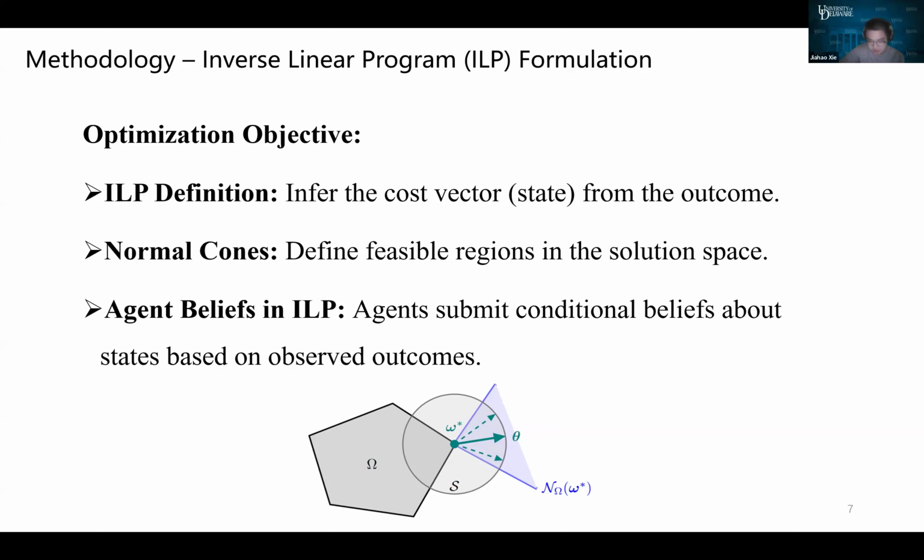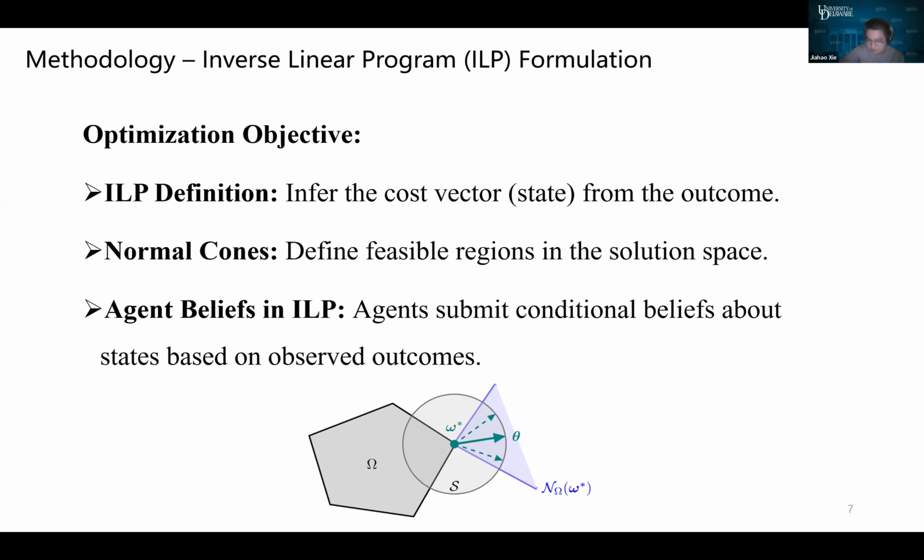One way to simplify this process is by using normal cones, which are mathematical structures that define feasible regions in the solution space. These regions help us understand which states are possible and which are not, based on the observed outcome.